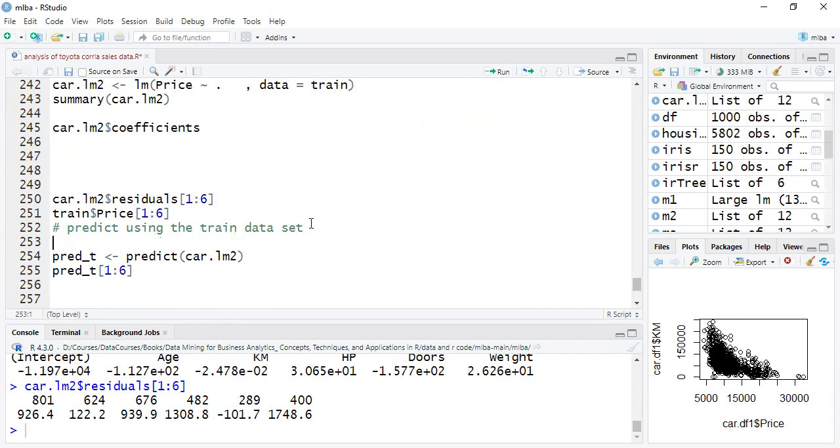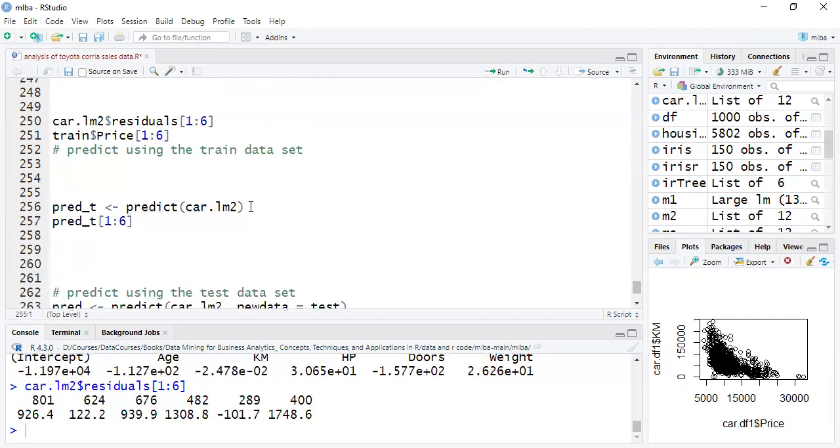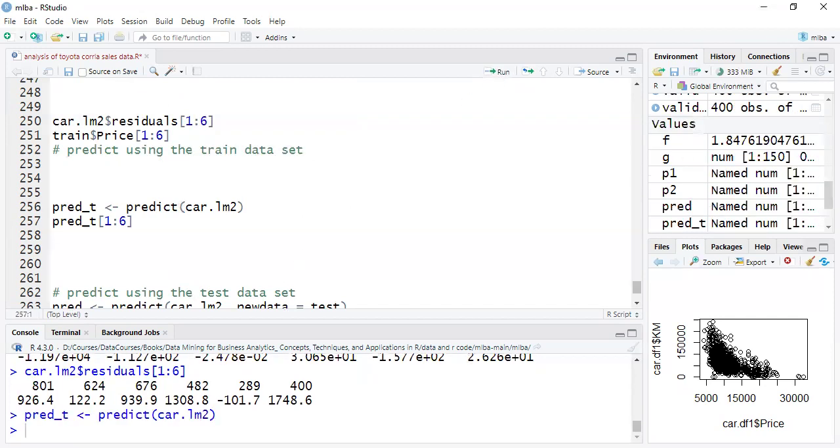The predict command will predict the dependent variable, the price. Price is my dependent variable. Predict the price for what? For the training data set. What will predict do? It will predict all of the prices in the training data set.